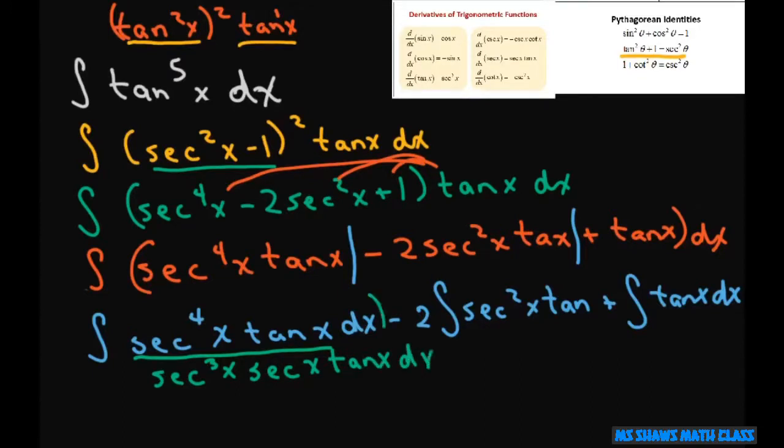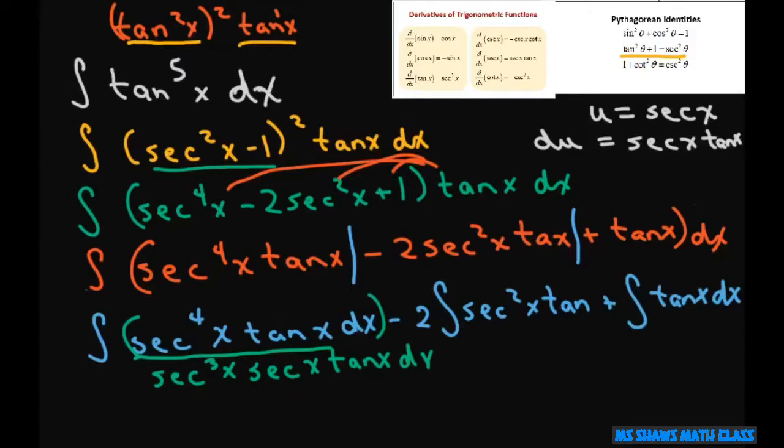I just rewrote this because what I'm going to do is use U-substitution. And when I do that, I'm going to let u equal secant x. Therefore, the derivative of u equals secant x tan x. So I'm going to use my U-substitution on the next slide, so make sure you have this written down.